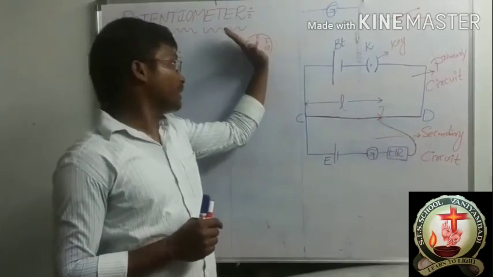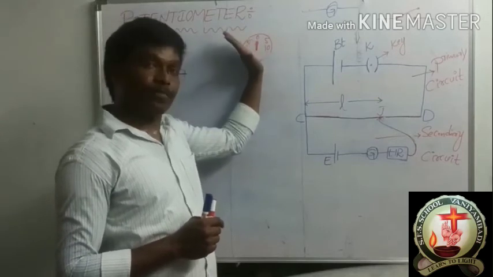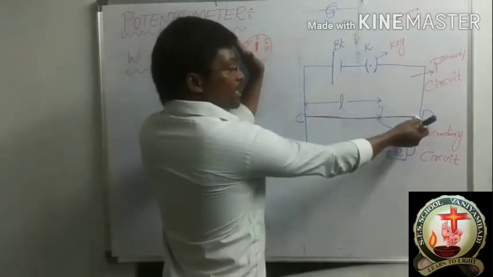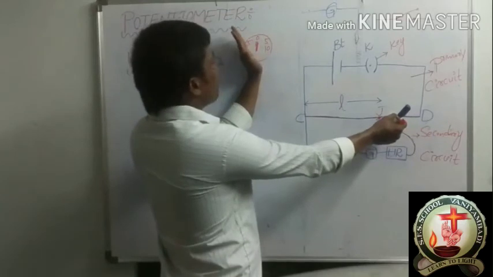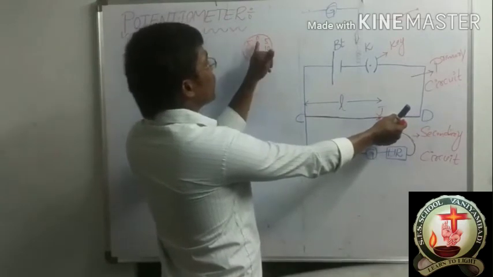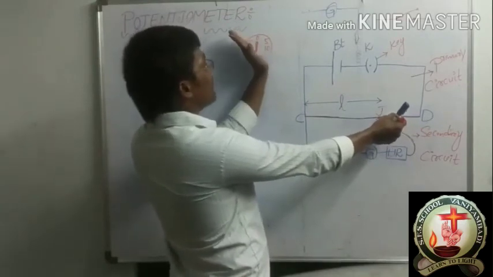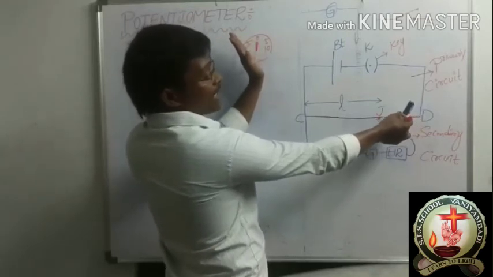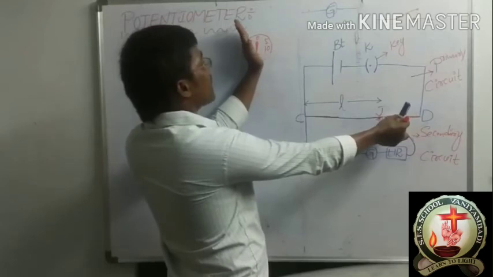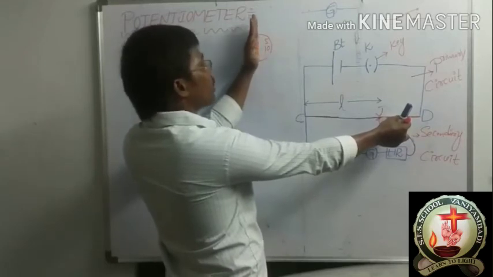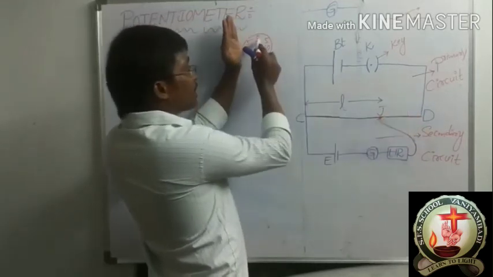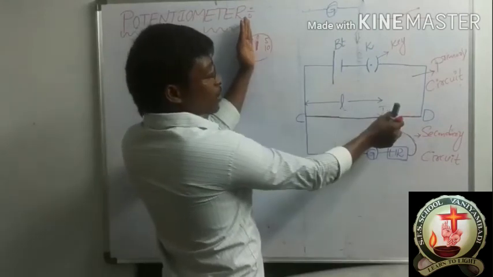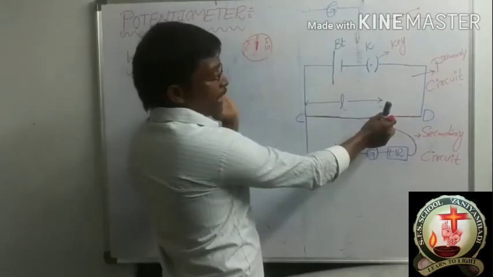But whenever the jockey moves in this direction, this reading will move slowly and reach zero deflection. When the galvanometer reaches zero deflection, stop the jockey and keep the point J.